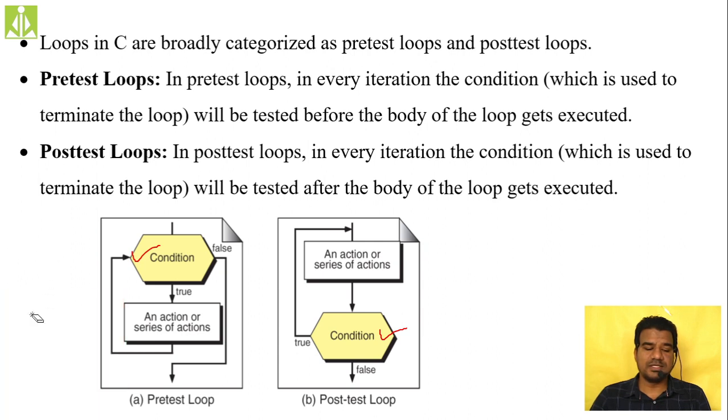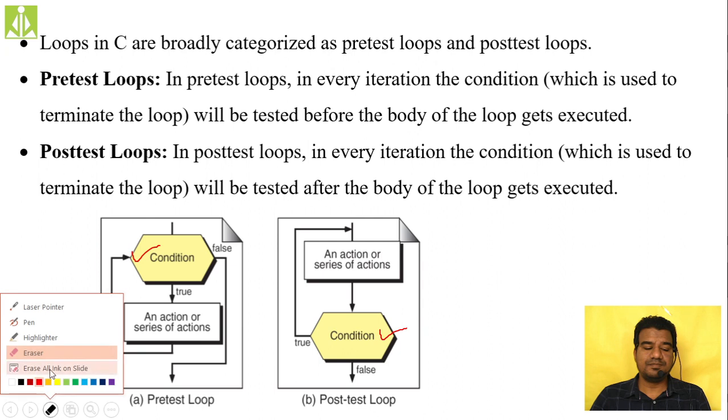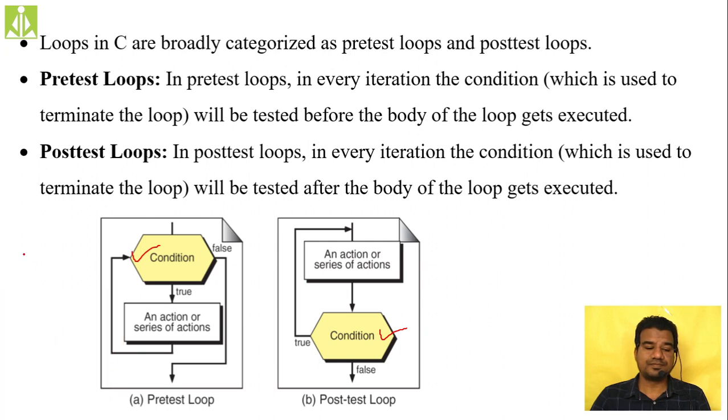The first one is the for loop, which is the most important loop, and the second one is the while loop. And post-test loops, we have only one type, that is the do while loop. Remember this.